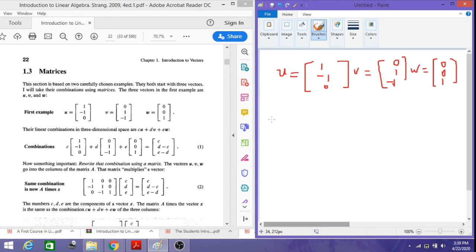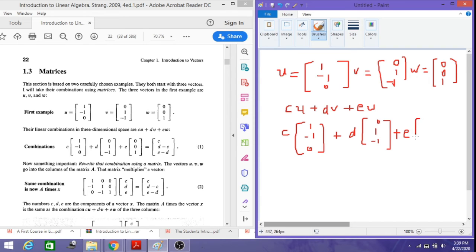Now their linear combination in 3-dimensional space in general form is cu plus dv plus ew, where c is a scalar quantity: c times vector u, plus d of 0, 1, minus 1, plus e of 0, 0, 1.